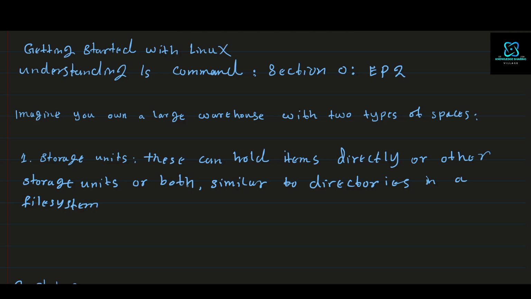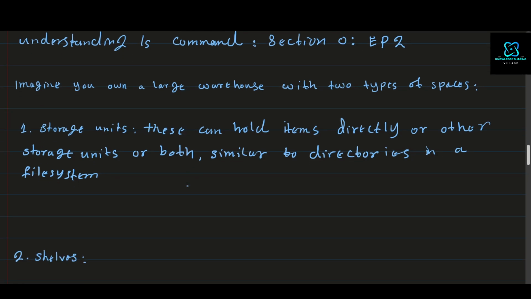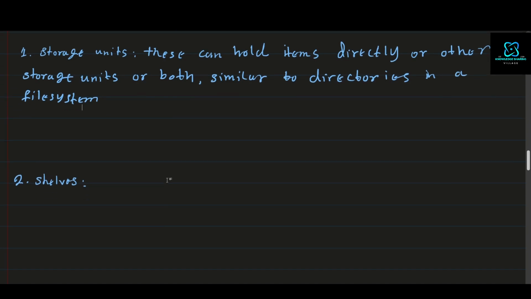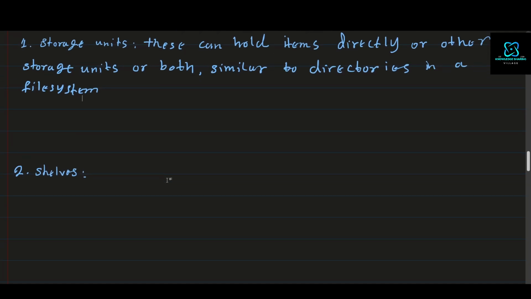Okay, so now the second type of space that our warehouse has is shelves. And you may ask what kind of storage space these are.